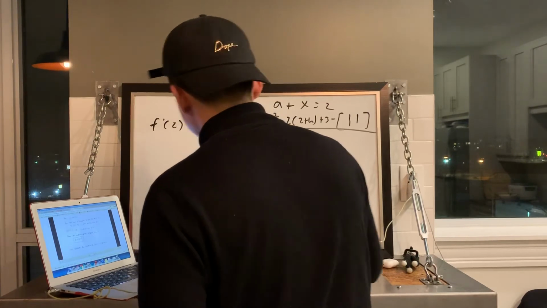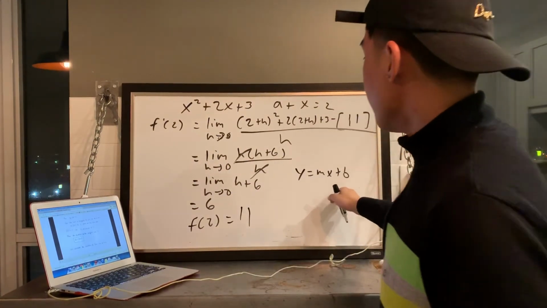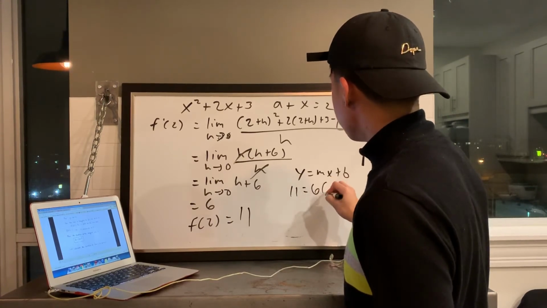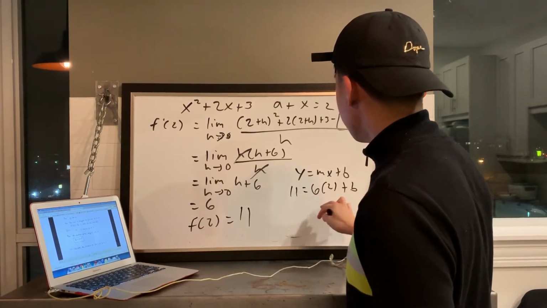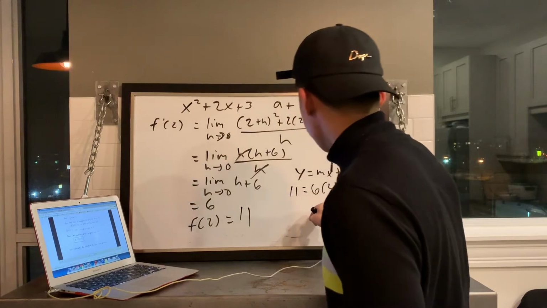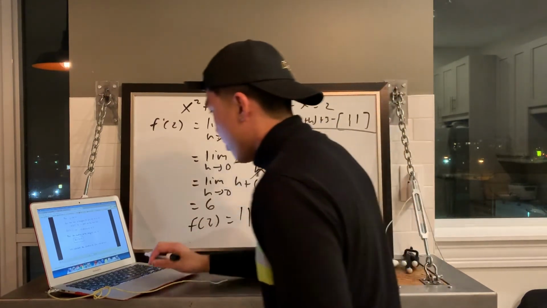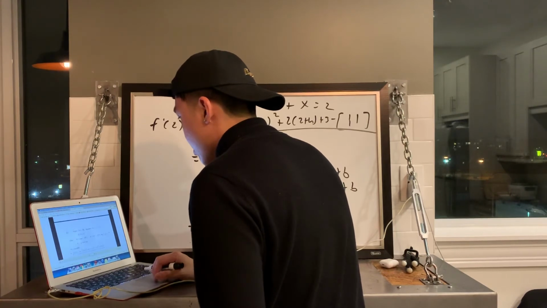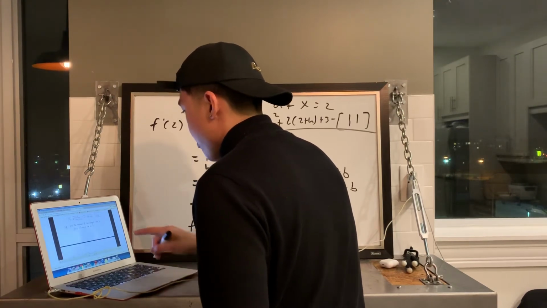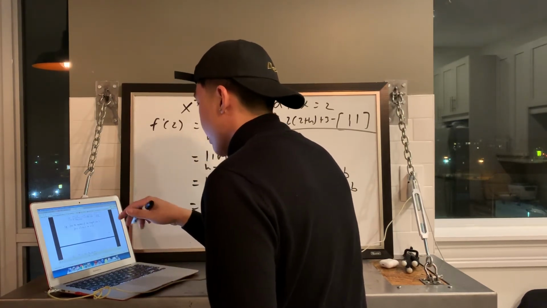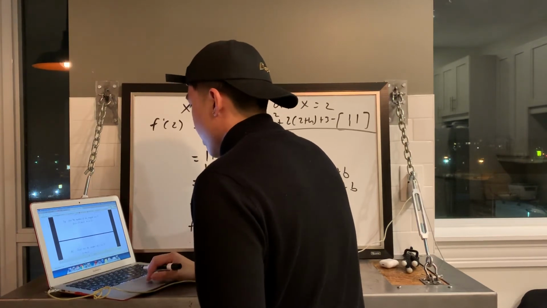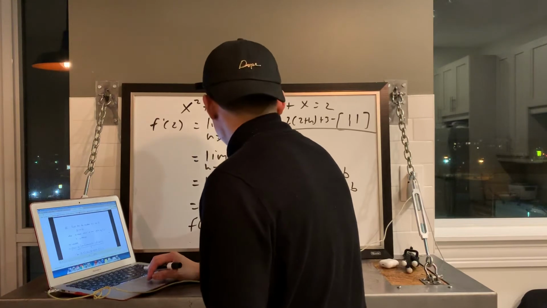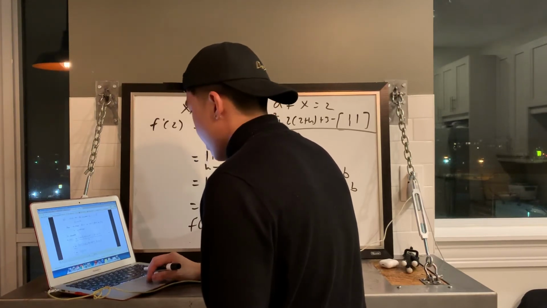So if I were to solve this for the b, I put the 11 for the y, the 6 that I found, times the 2, plus b. So I would get 11 equals 6 times 2 plus b, so 6 times 2 is 12.